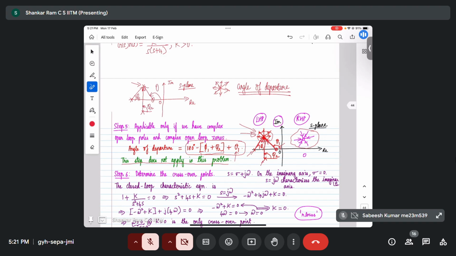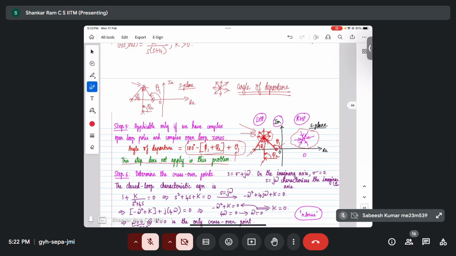Let's call this angle theta. So phi is a symbol I am using to denote the angle made by vectors drawn from other open loop poles to this open loop pole. Theta denotes the angle made by the vectors drawn from open loop zeros to this pole. I hope that is clear. The formula comes because of the angle condition. That's all there is. Is it clear? Clear, sir.